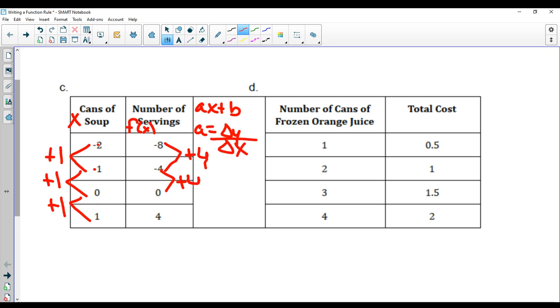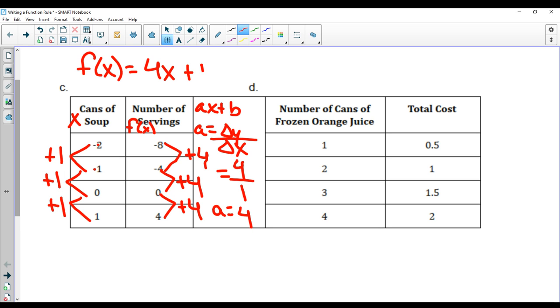And then I'm going to add another 4, and then add 4. So I've got the change in y is 4, the change in x is 1, so a is 4. So I have f of x is 4x plus b.